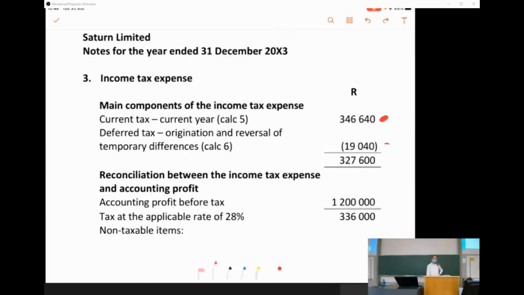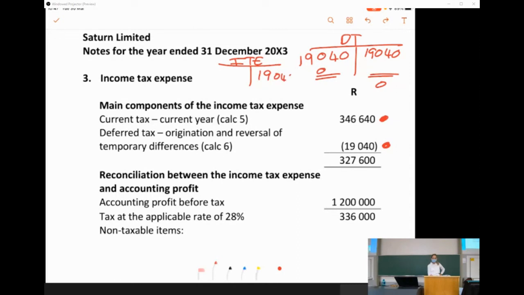And then we have our 19,040 movement. So obviously, because in our deferred tax calc, we started with an opening balance liability, we want a closing balance of 0. So therefore, I had to do a journal of 19,040 debit. And the other leg goes to my income tax expense as a credit. So therefore, it's an income in my income tax expense.